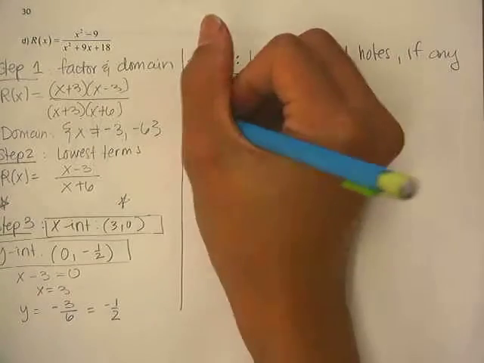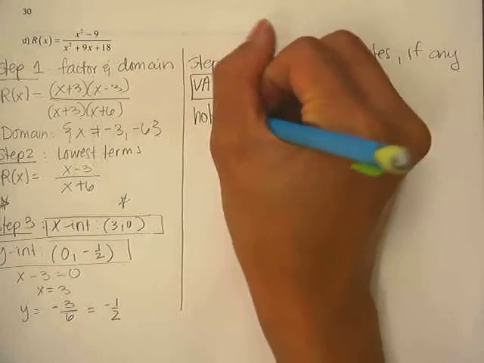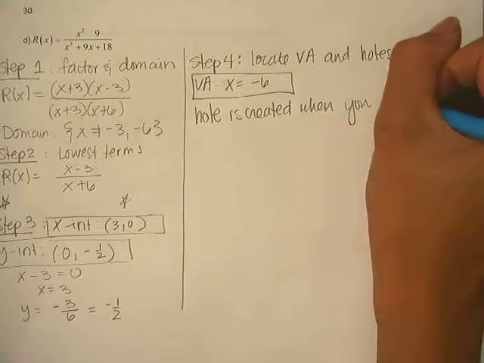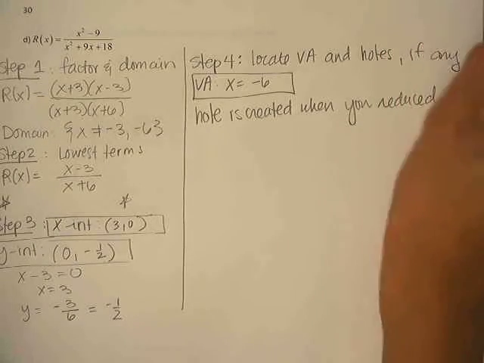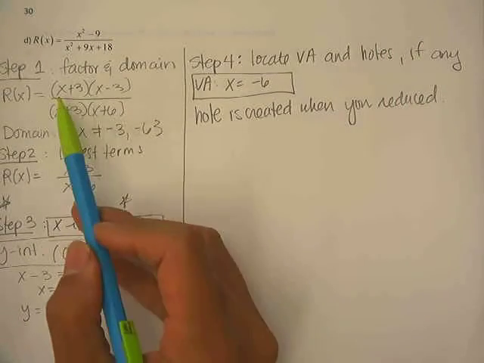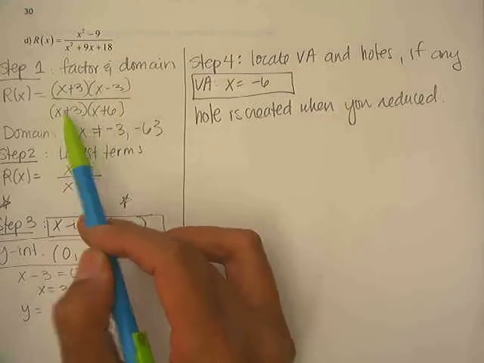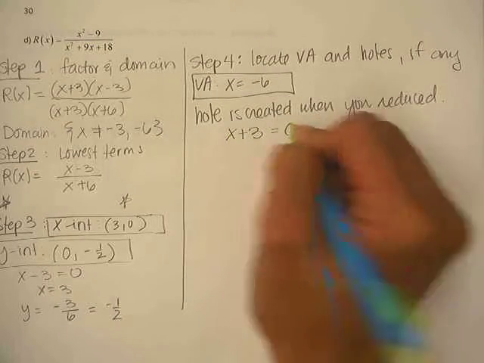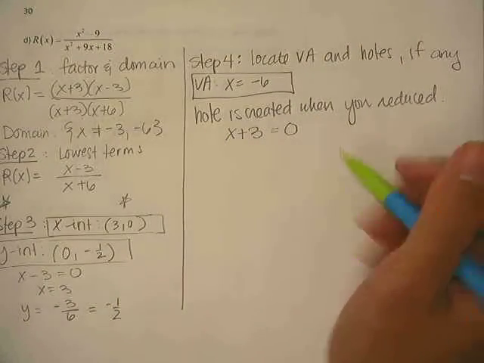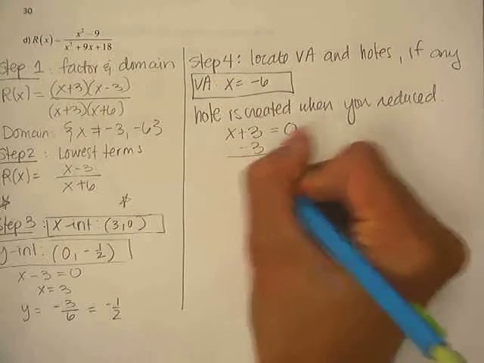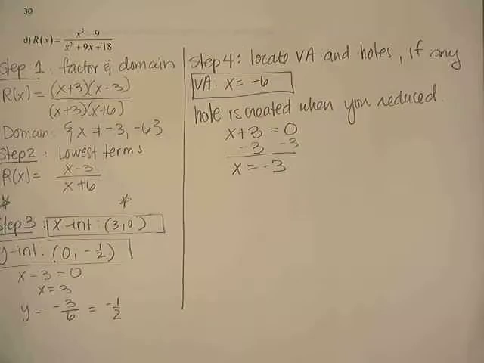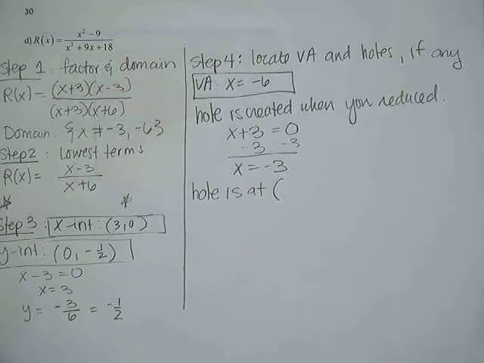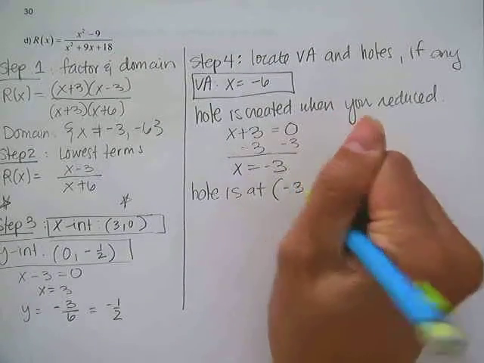Then you do have a hole. A hole is created when you reduce, because we did get rid of the x plus 3. So we're going to take x plus 3 and set it equal to 0 to see where the hole is. Subtract 3 from both sides: x equals -3. So we're going to say the hole is at -3.